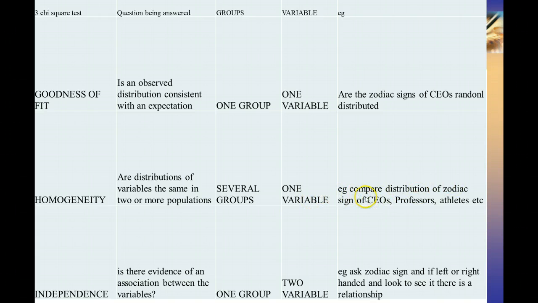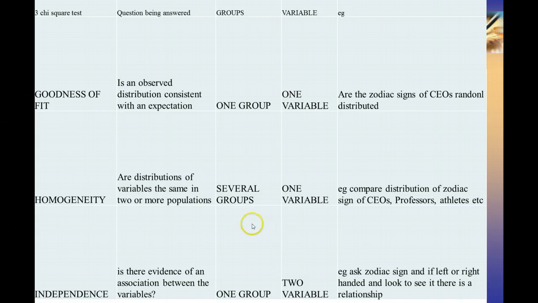The groups are CEOs, professors, athletes. You're looking at the zodiac signs for all three, which is your one variable, and wanting to see, is it the same breakdown within the three groups? So it's several groups, one variable, and you want to see how the breakdown of that variable differs among the two or more groups.